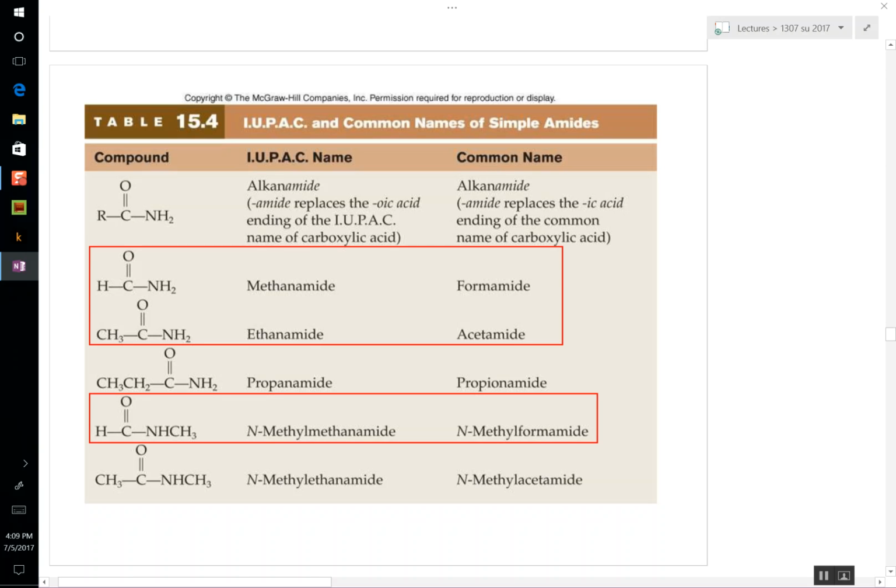And you should know the IUPAC name and the common name for formamide. So you now know formaldehyde, formic acid, and formamide. All of those forms have 1 carbon in them.